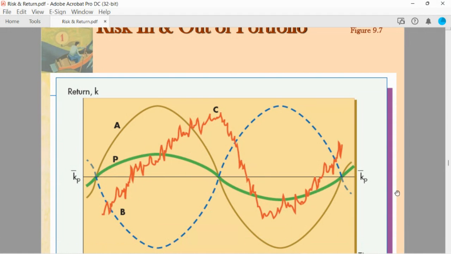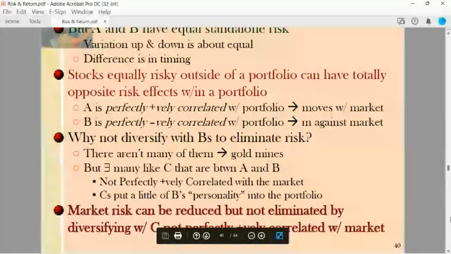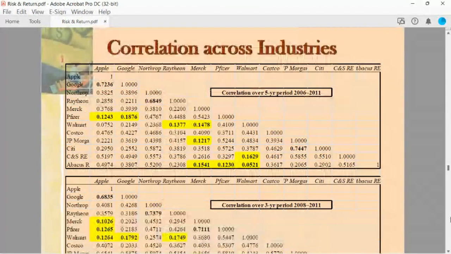It will be whatever the weighted average will be, but the variance would be much more tamed, like the green curve, right? That's the reason for diversification.